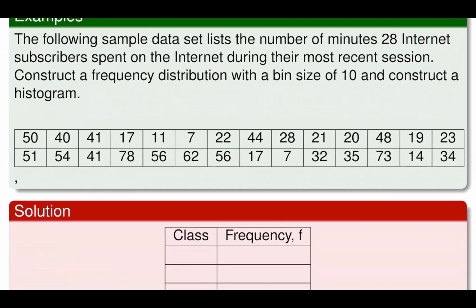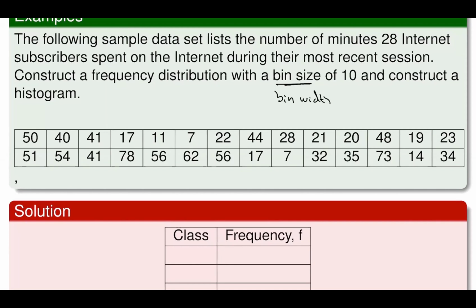Construct a frequency distribution with a bin size of 10 and construct a histogram. So the bin size and the bin width are the same. So they're telling us to do a bin width of 10.